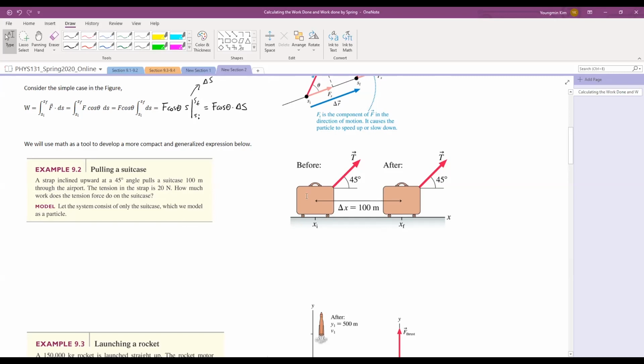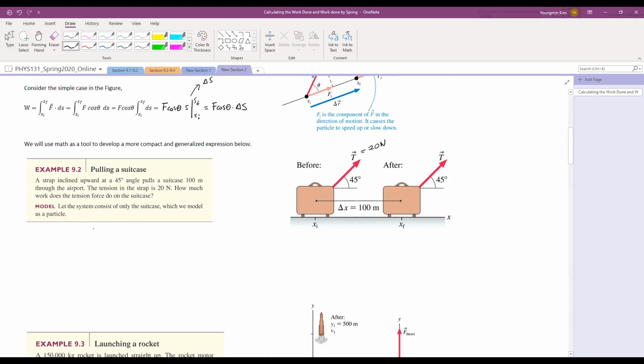So here, take a look at this figure. You have the tension force pointing up this way with a 45-degree angle, and it is pulling the suitcase over 100 meters. And the tension, we're told, is 20 Newton.